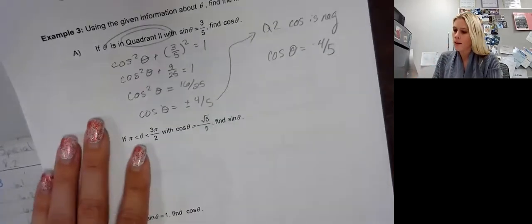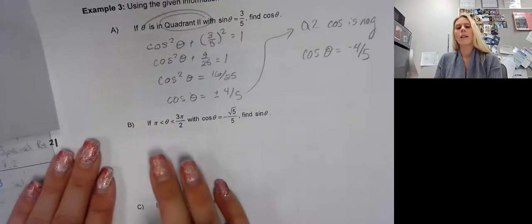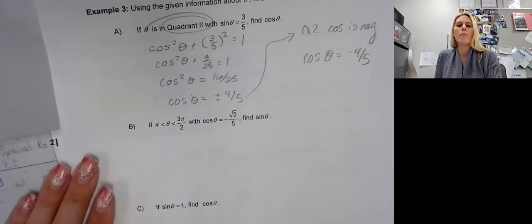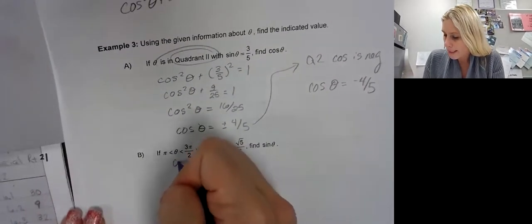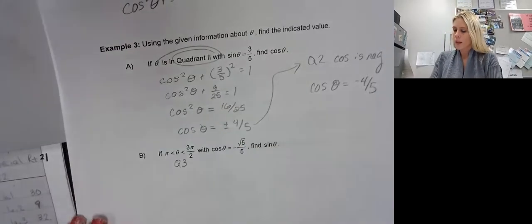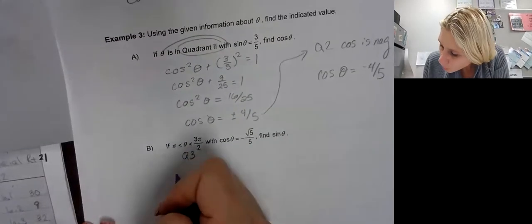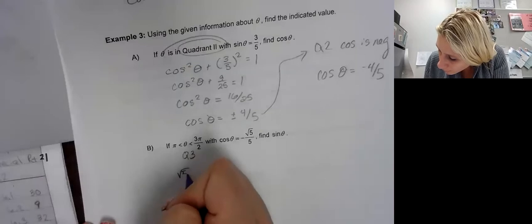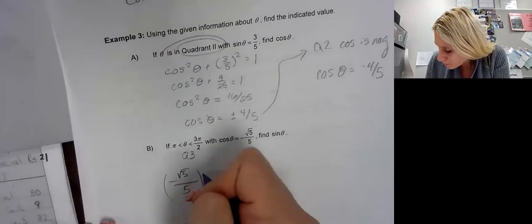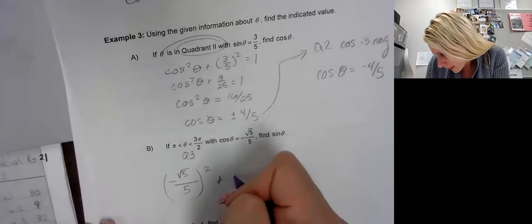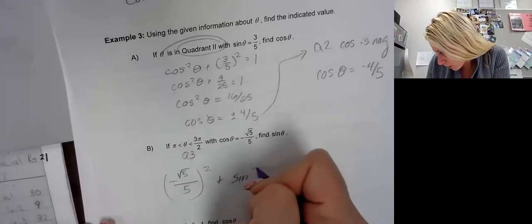Okay, let's do this again. Now think of this. Theta is between pi and 3 pi halves. Which quadrant is that? That's quadrant 3. So let's set this up again. Negative square root of 5 over 5, squared, plus sine squared equals 1.